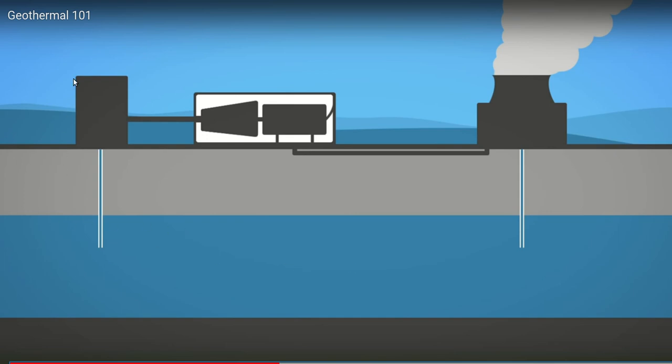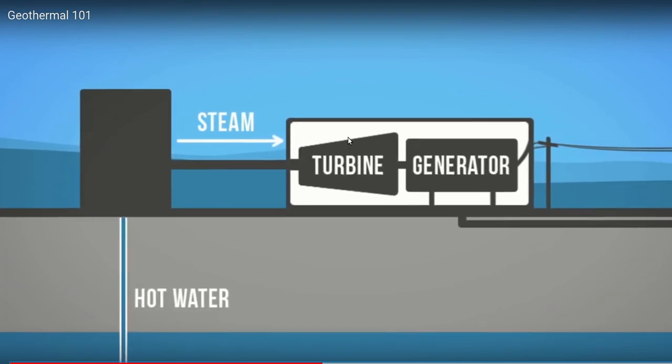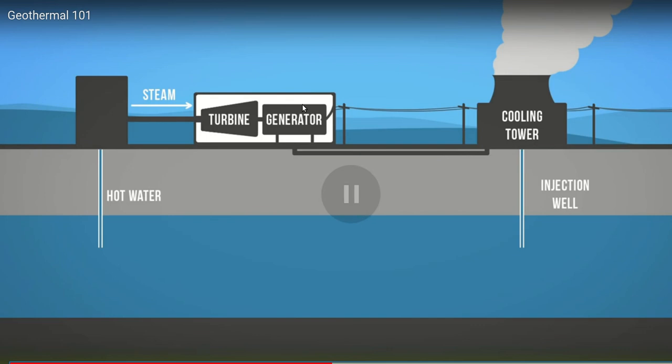So the hot water goes into this particular area where it gets converted into steam. You have the turbine and the generator, okay, which will convert the steam: the steam is used to turn the turbine, and then that is connected to the generator, which converts it into electricity and passes it on to the main line. Okay, and after the use of this steam, the steam is sent back into the cooling tower so that the water can go back down.